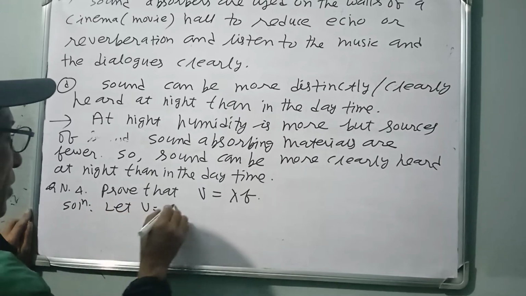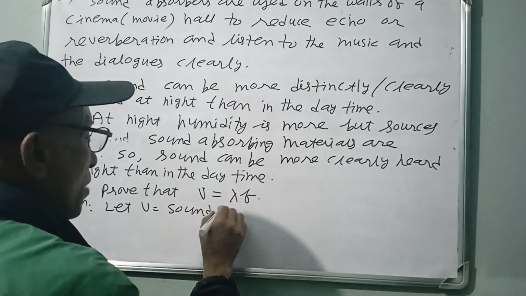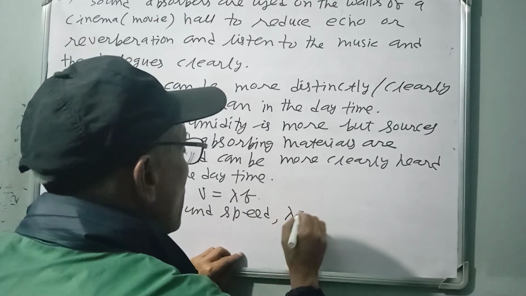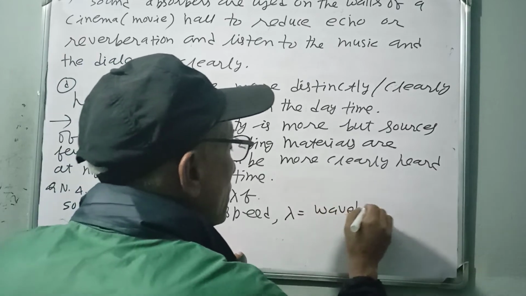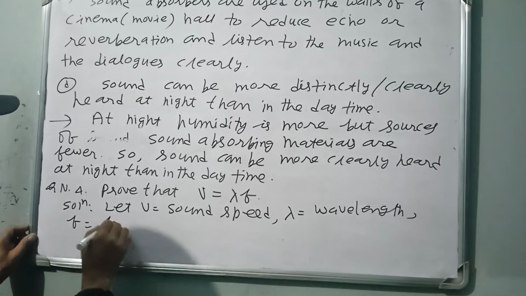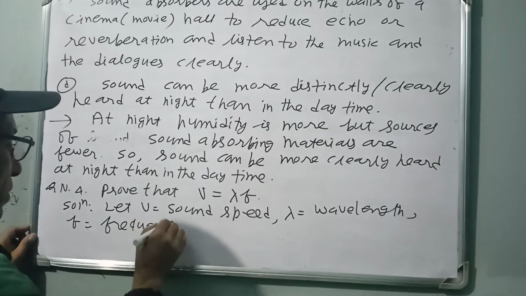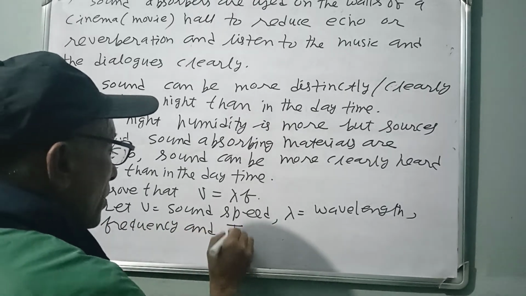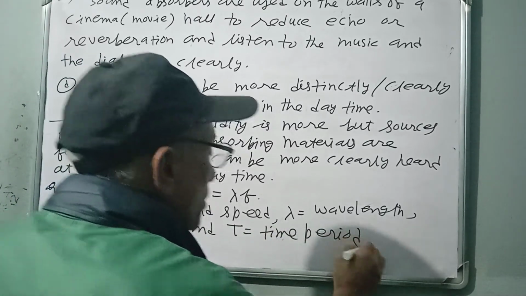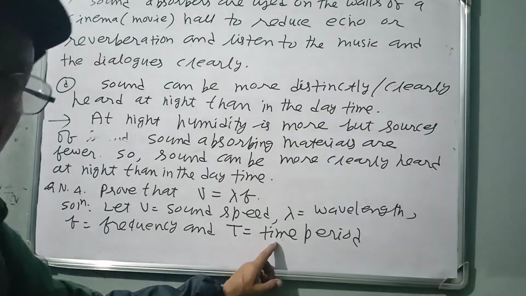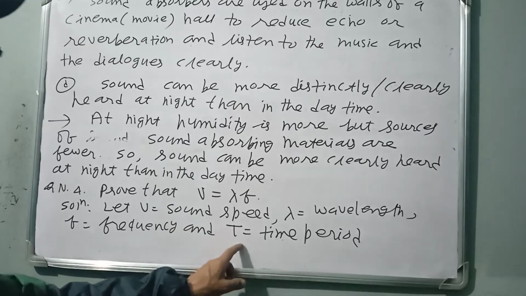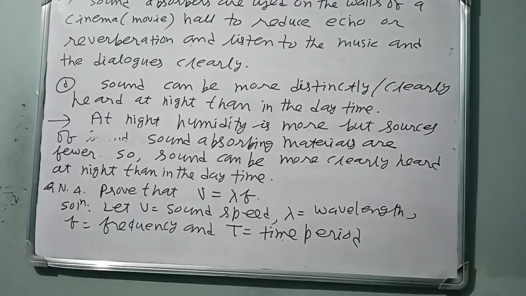Let v be sound speed, the speed of sound, distance traveled per unit time, lambda wavelength, f frequency, and capital T is time period, the time taken by the wave to make one complete vibration.